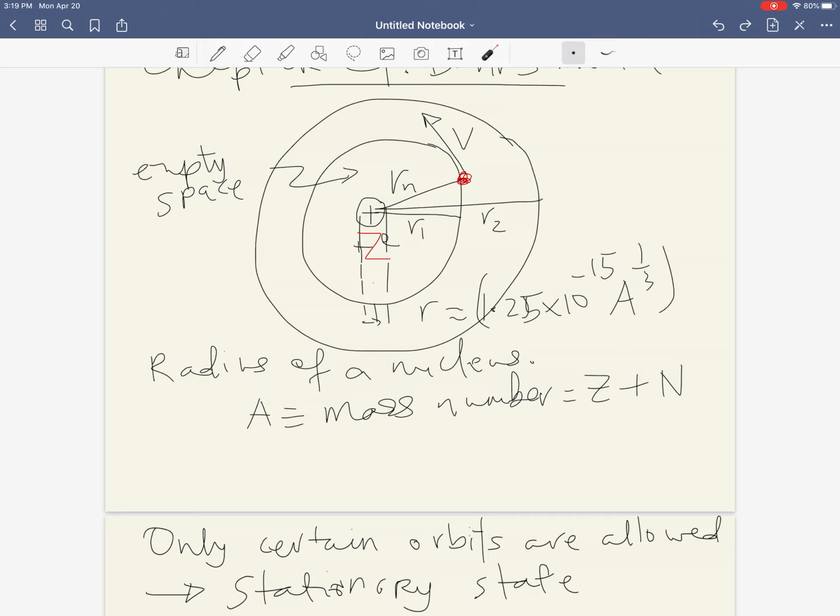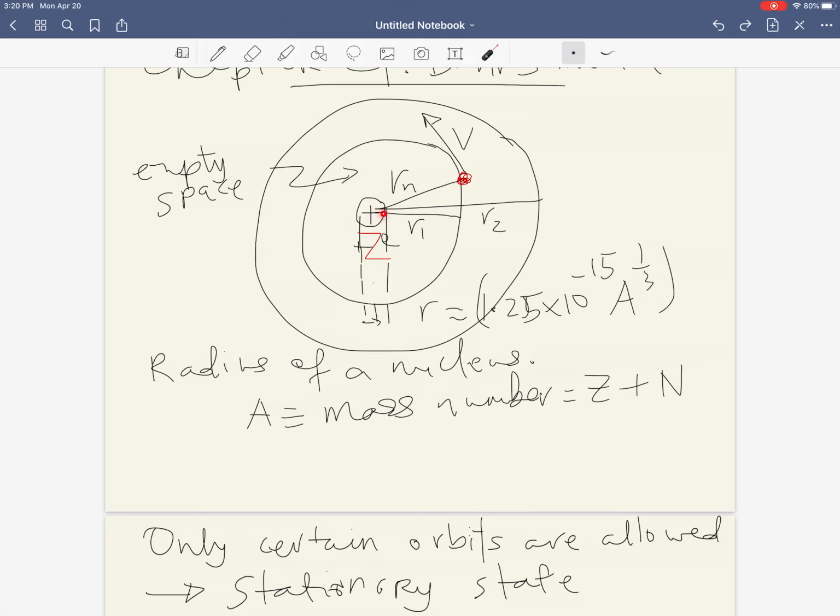So the very first orbit has a radius r1 and so on. And the electron moves with a tangential speed that we have described as v. Most of the space between the nucleus and these electron orbits is completely empty. There's nothing there, just vacuum.